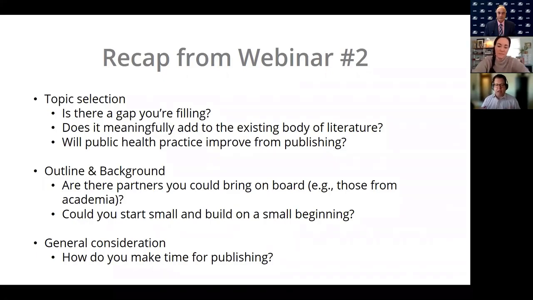What will you be adding to the body of literature? How are you going to improve practice through your publishing? We talked a bit about outline and background. So how do you outline your topic and start putting together your justification so that the reader of your paper really understands what's important, where this came from, what was known about the topic prior to your paper, and then what is going to be known?